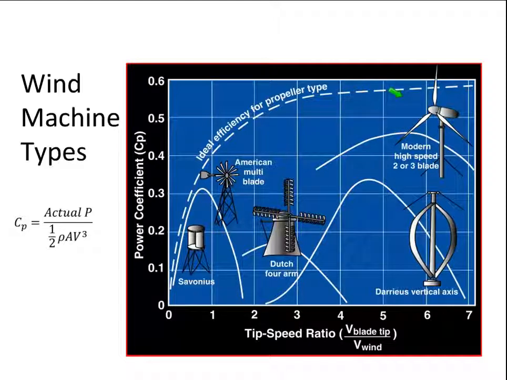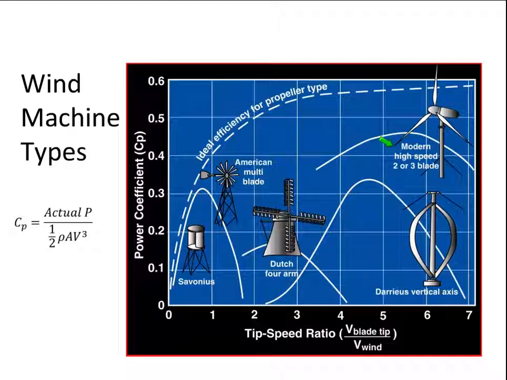Again, as we get up closer to this is where that theoretical maximum is. So we're doing pretty well with the modern high-speed windmills. If you think about a large wind turbine, they seem to be turning very slow, but the tip of that blade is going in the 130 to 170 mile per hour range.